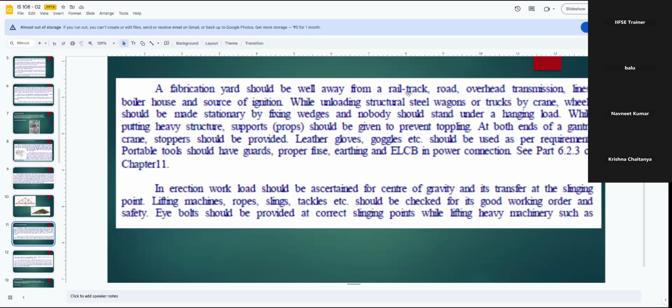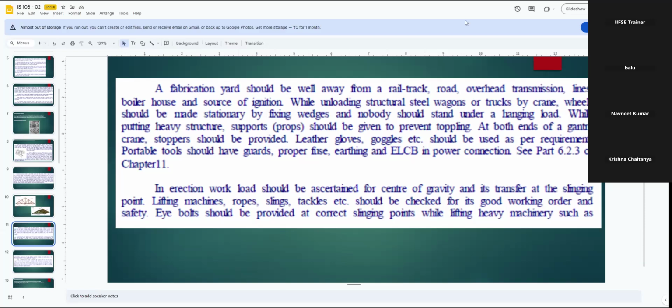Wherever you are doing a fabrication activity, it shouldn't be near the rail track, because you have a continuous supply there, and also roads. It becomes an obstacle for the vehicles which will move in the roadways with the fabricated material or lifting or shifting activities. Then overhead transmission lines are also risky.